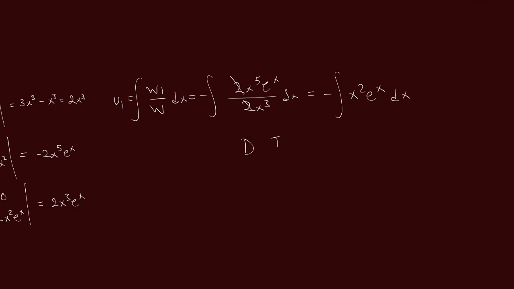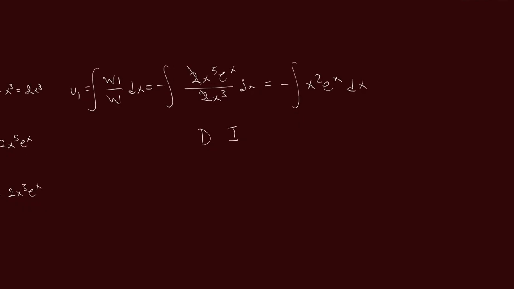Now we can use the DI method to solve this integration by parts. We're going to differentiate one all the way up to 0 and integrate the other one. Then we add the signs plus, minus, plus, minus. This is going to be negative because of the negative sign in front of the integral.